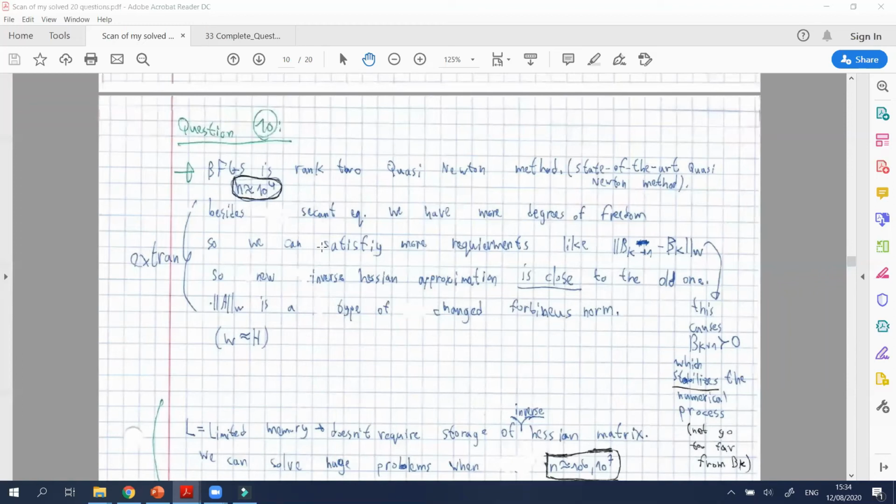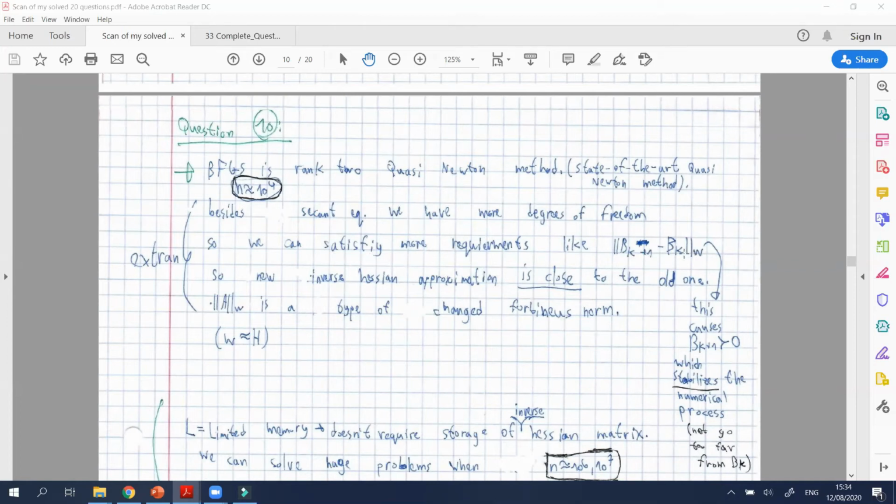update, we can add more requirements, more properties which we want to achieve when we update the inversion, which is B. So we can ask, for example, for BK plus 1 minus BK, for some W norm, to be small.